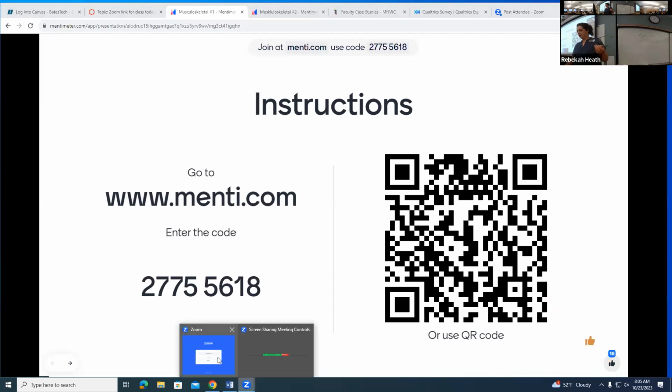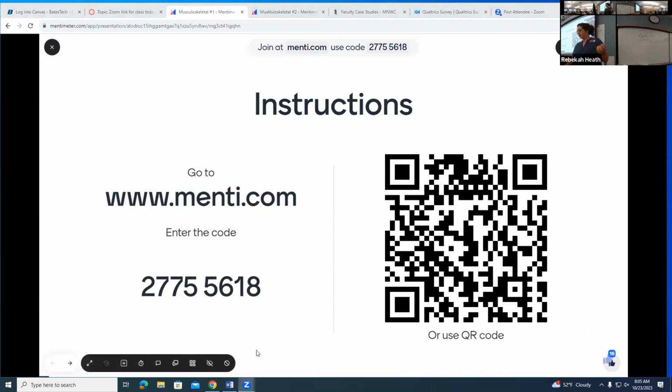Give me a nice little thumbs up once you have entered the Menti. Well, I'll figure out how to let somebody enter the room. Okay, that's fine. Just join when you can.